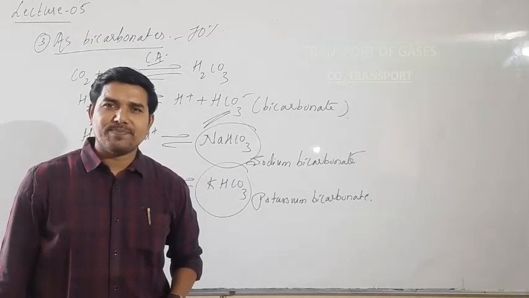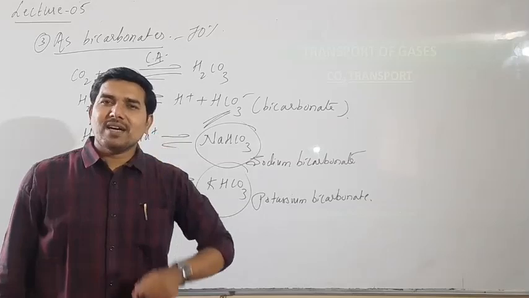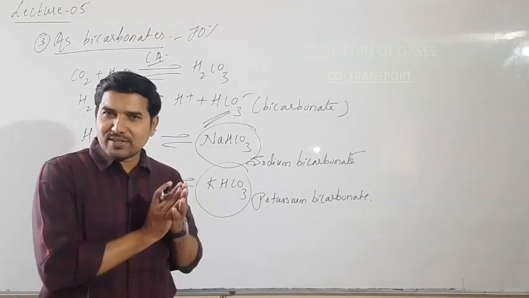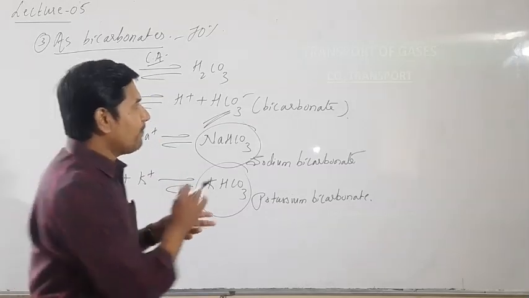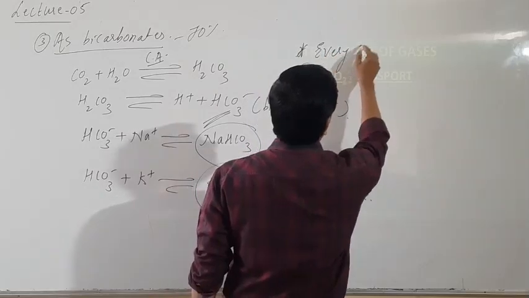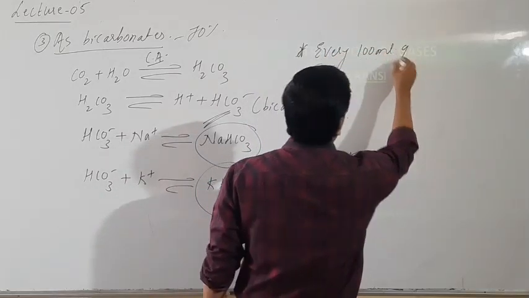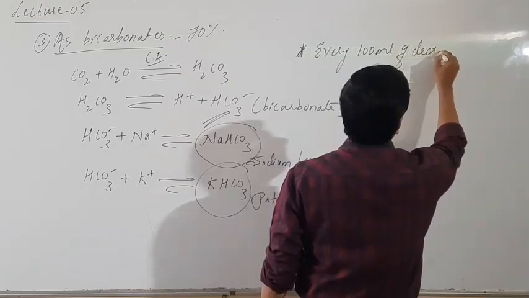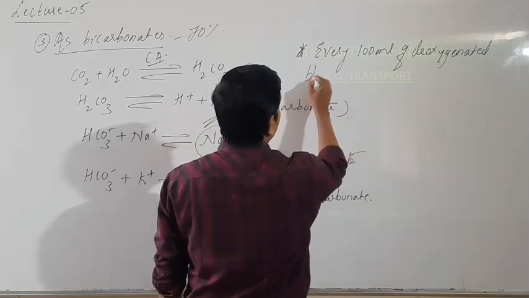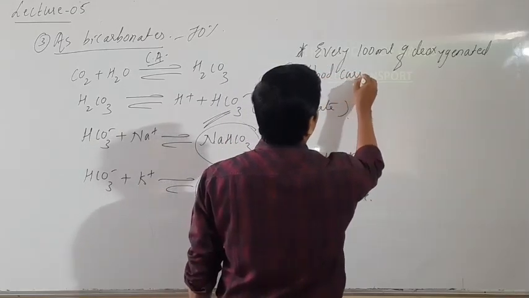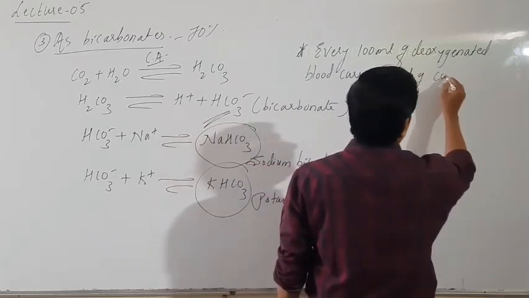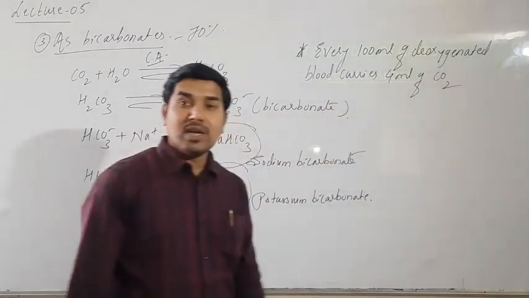Now the question comes, what is the amount of carbon dioxide that is transported from the tissues towards the lungs? We come across a statement that every 100 ml of deoxygenated blood carries 4 ml of carbon dioxide to the lungs.